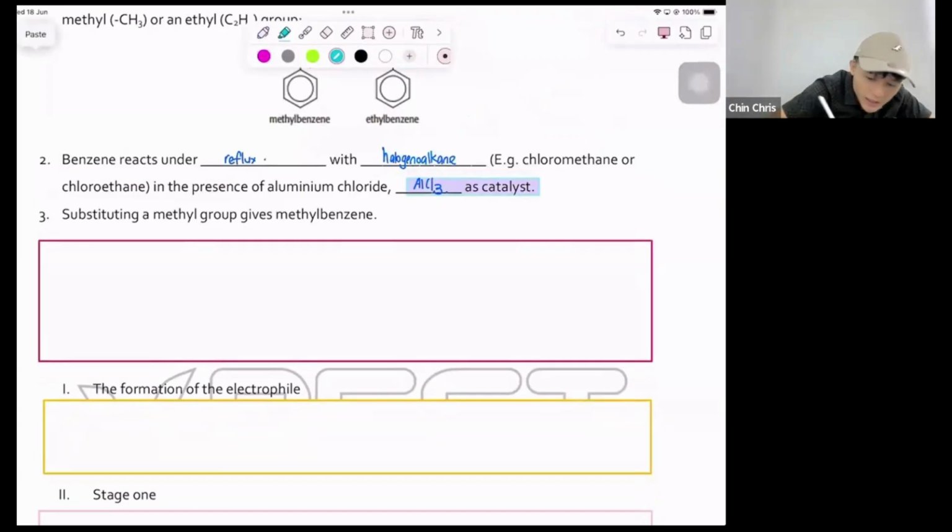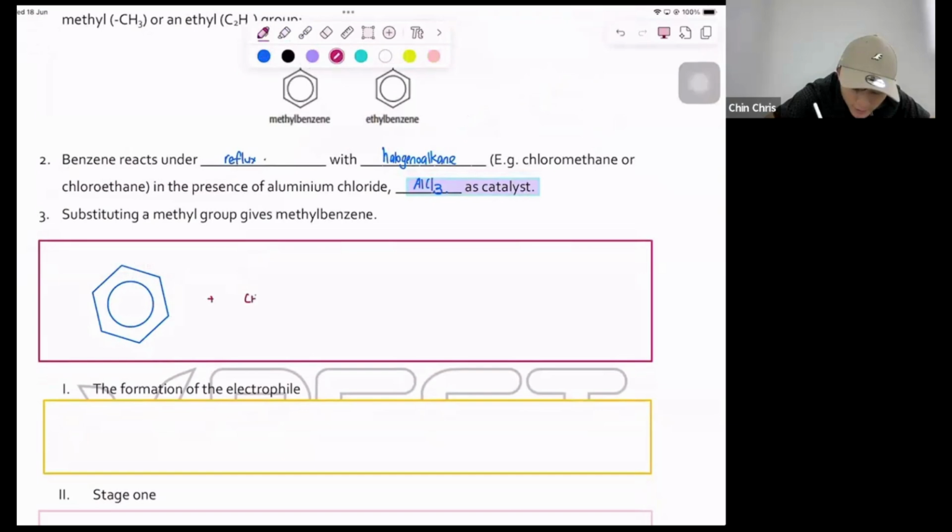So here's the reaction, guys. I have a benzene, and I add a CH3Cl. After adding CH3Cl, you have to heat with AlCl3, which is your catalyst.